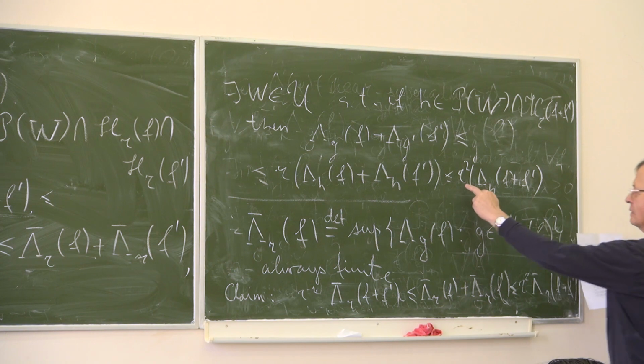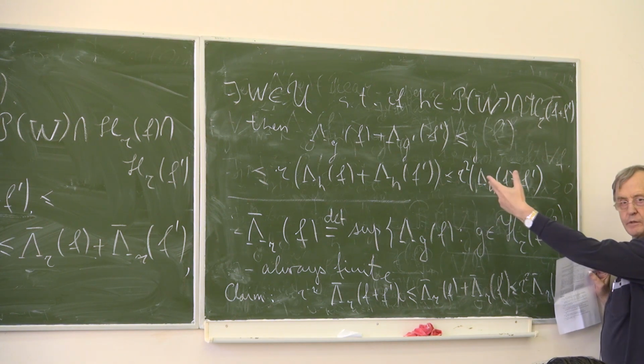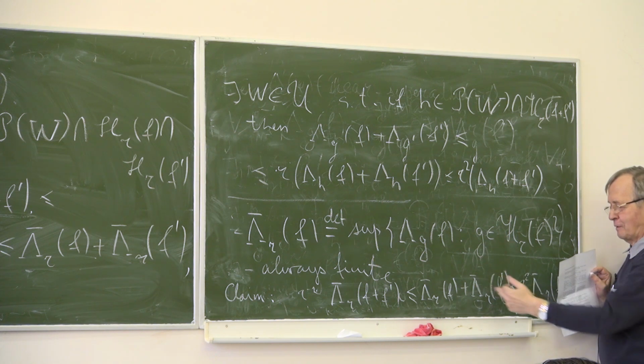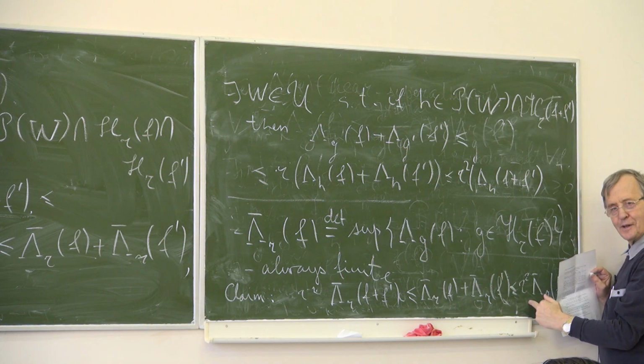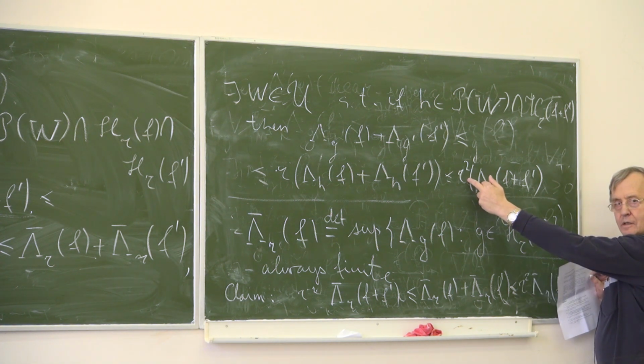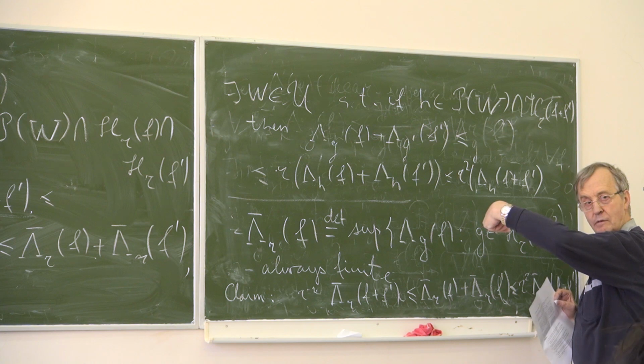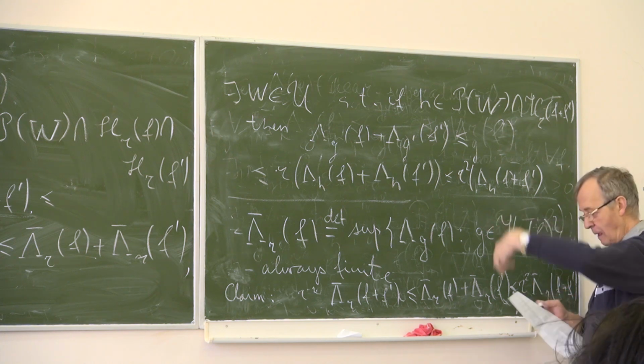You asked why do we have R squared here? So the second multiple R comes from that subadditivity lemma. One from that condition, the other from the subadditivity lemma.